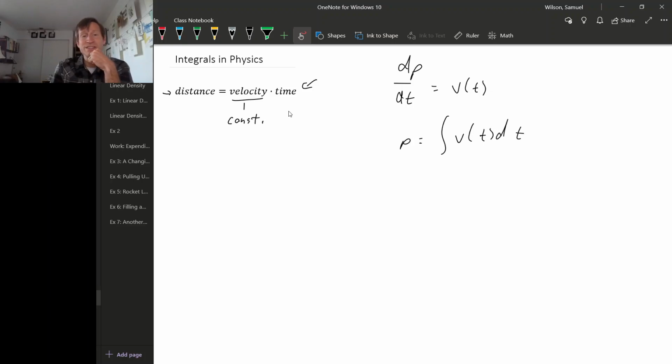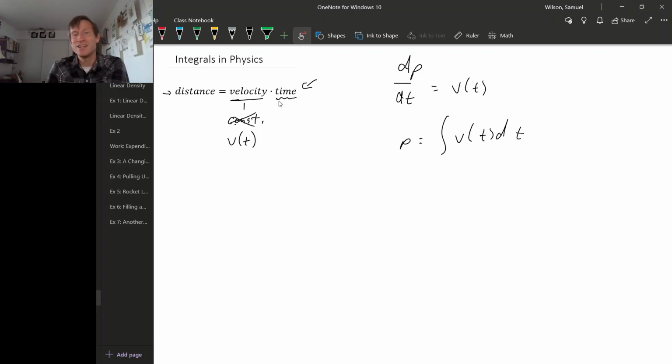So how can we fix this issue? Well, the general idea is if your velocity is a function of time, so it's not constant, then we need to shrink the interval of time in this equation down to be so small that the velocity doesn't have a chance to change.